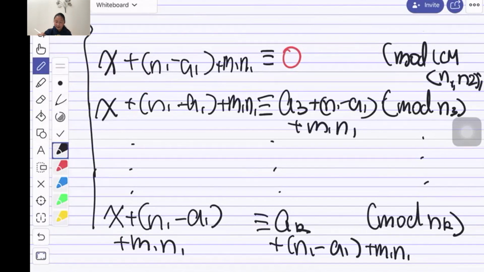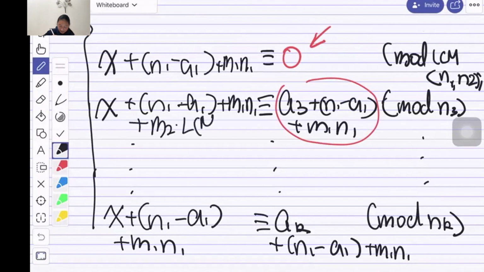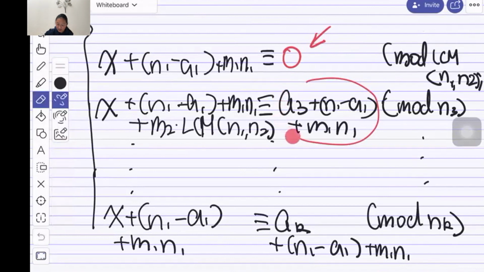Now, once again, we want to keep the 0 here, so we're going to add a multiple of the LCM of n1 and n2 to here, so that it becomes 0 here. So we're going to add something that looks like m2 times the LCM of n1 and n2, and then this part will become 0.